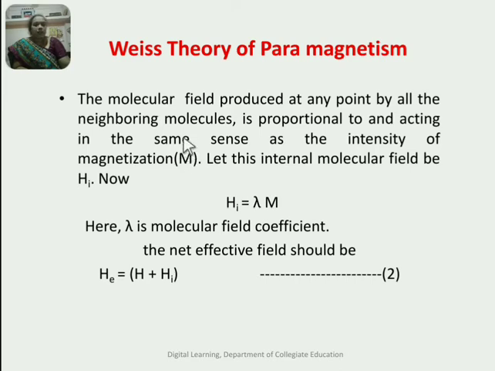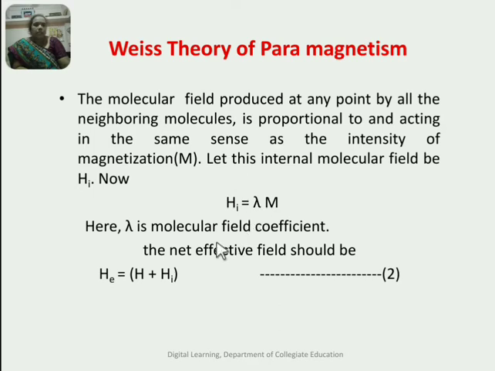This field is produced at any point by all neighboring molecules, and this field is proportional to the intensity of magnetization, that is represented by M. Here the internal molecular field is represented by Hi, and this Hi is directly proportional to the intensity of magnetization, Hi directly proportional to M. And this equation is given by Hi is equal to lambda M. Here lambda is the molecular field coefficient.